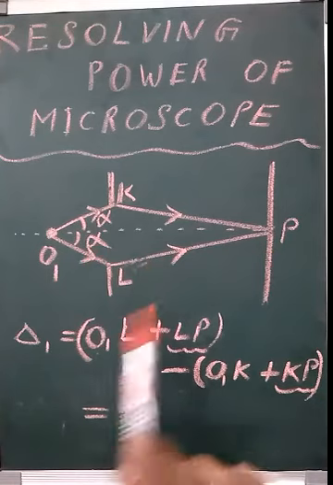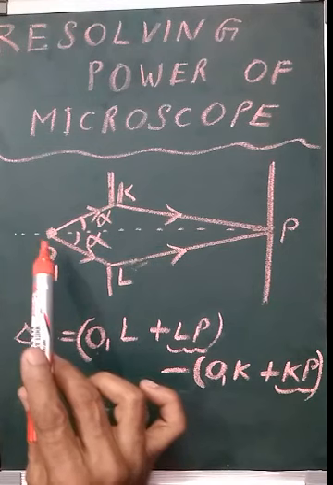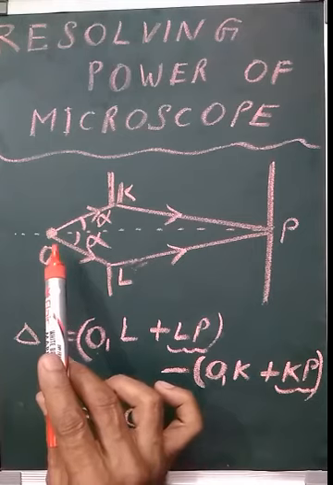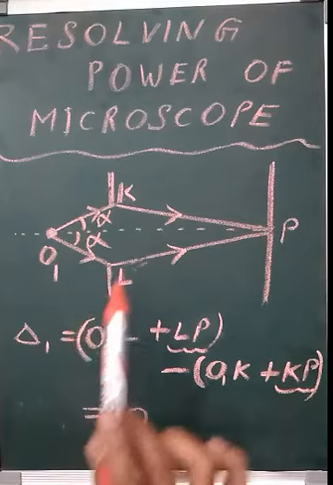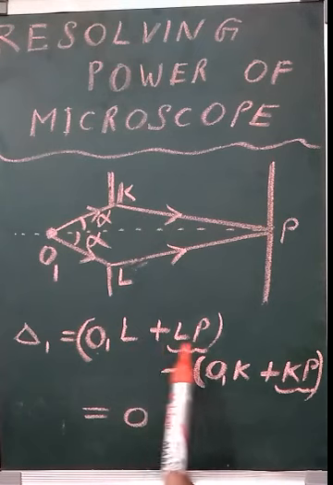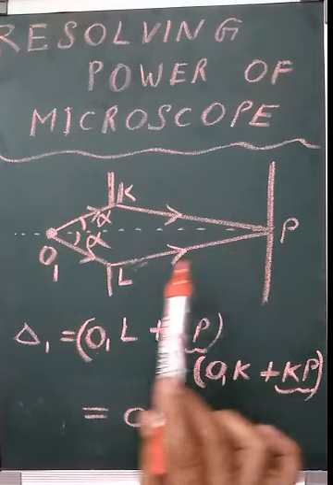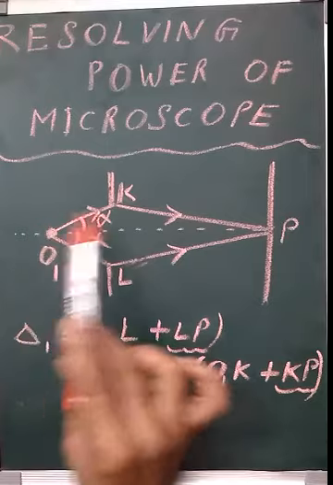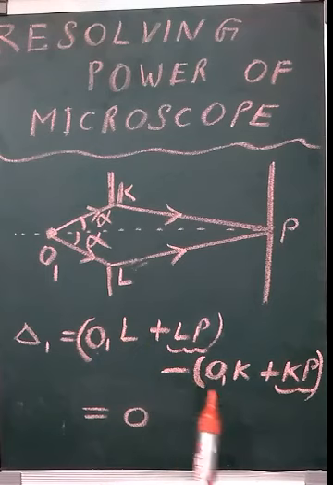So we can calculate path difference between these two rays of light. One ray of light is reaching point P via L, and the other ray of light is reaching point P via K. Let us find path difference between these two rays of light, that is delta 1. It is equal to O1L plus LP. This is the length of path followed by one ray minus length of path followed by the second ray. And when we look at these terms, O1L is equal to O1K.